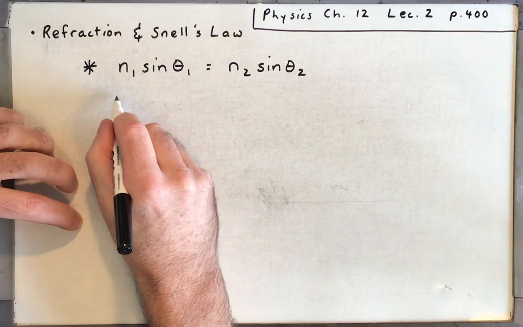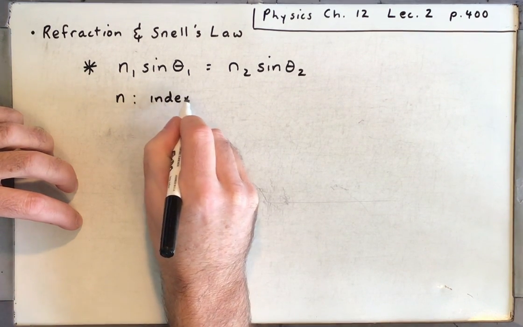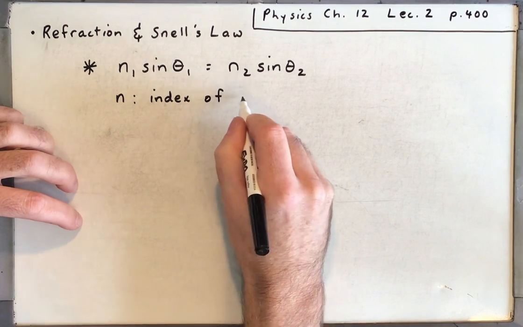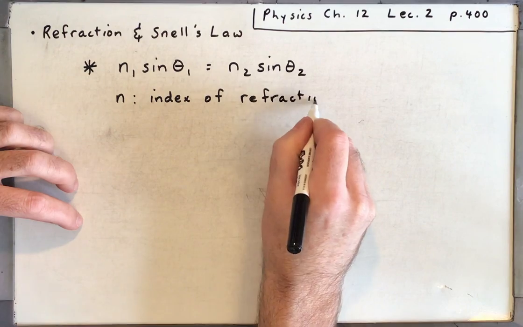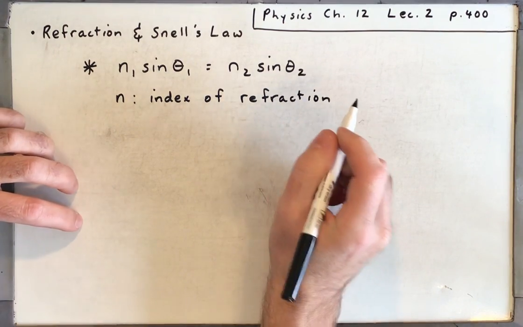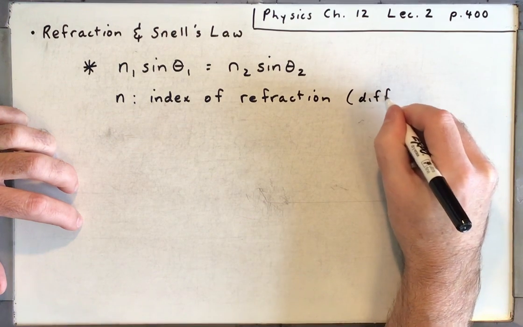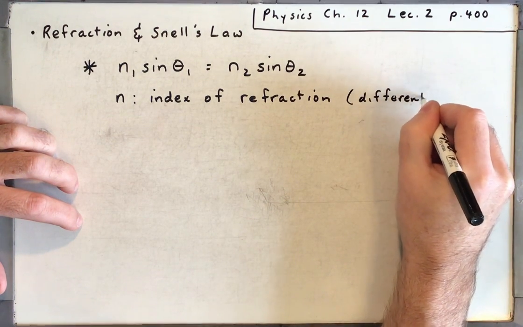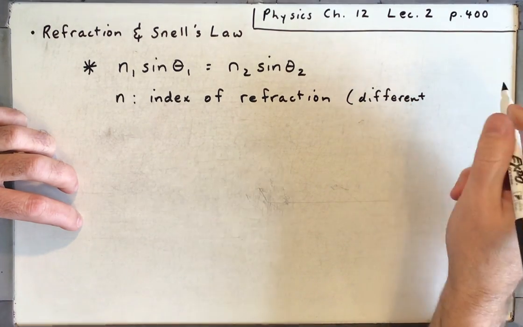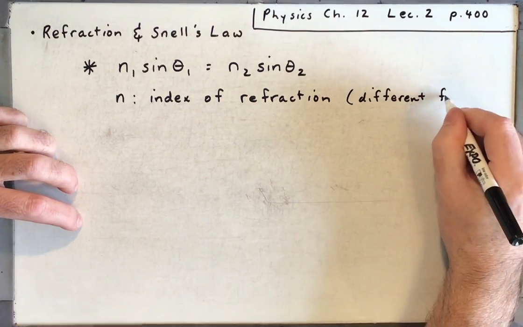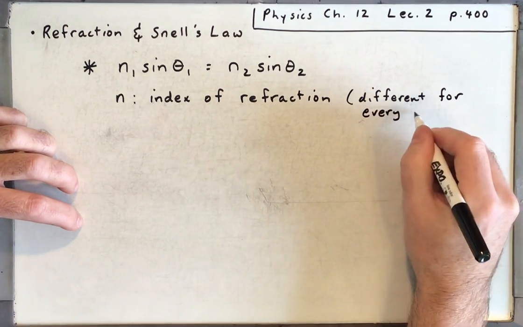So N is the index of refraction. So that's going to be different for every medium. So air has one, water has one, anything transparent would have one. Diamonds have one.